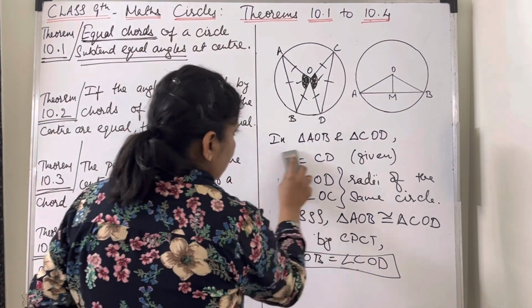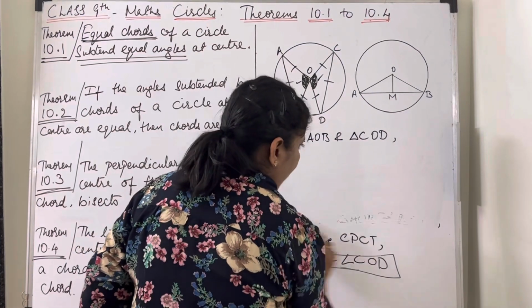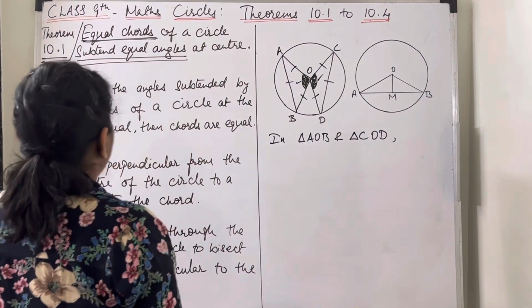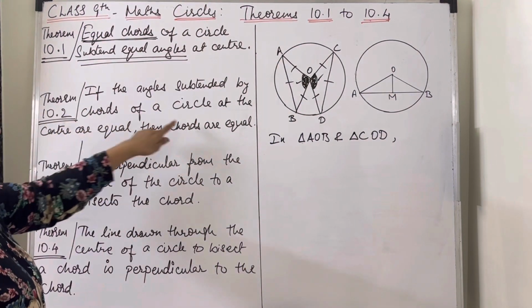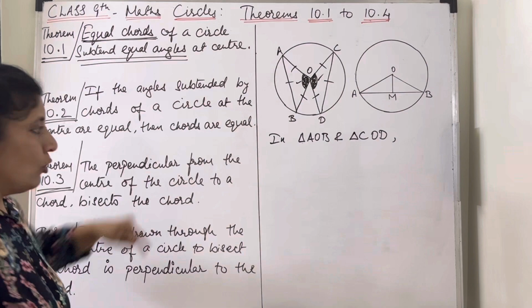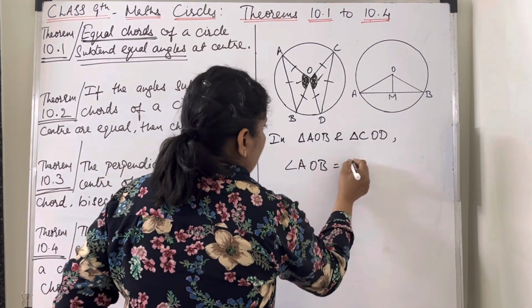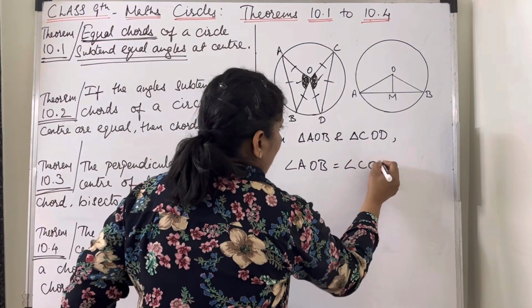So what we will do is, we will again keep the same two triangles, and here we have the angles equal. So what is given is angle AOB is equal to angle COD.